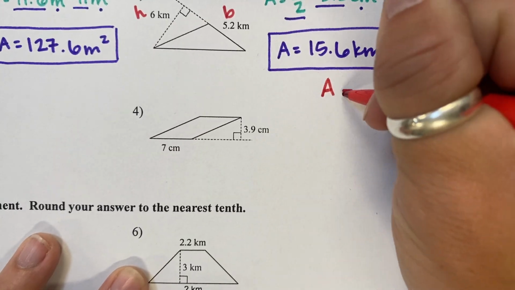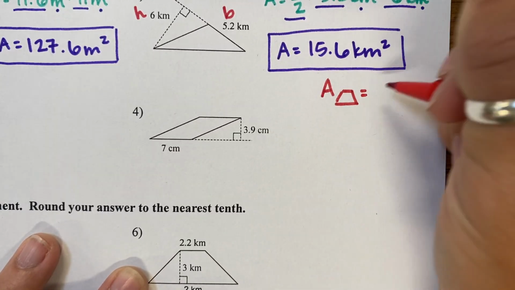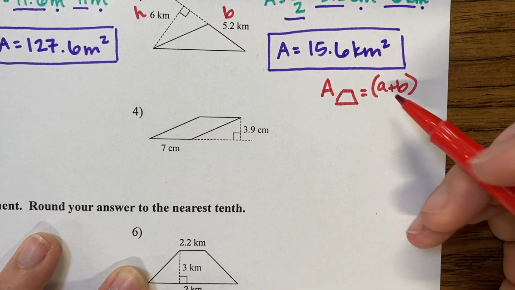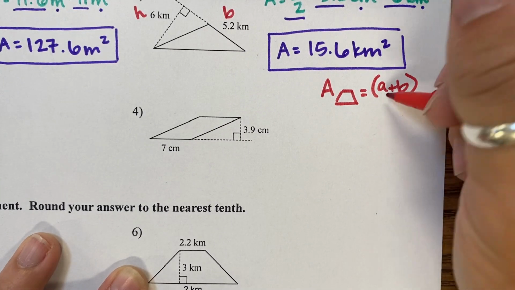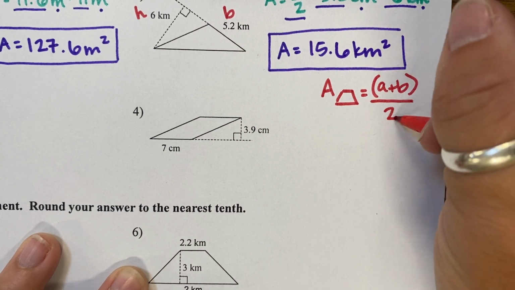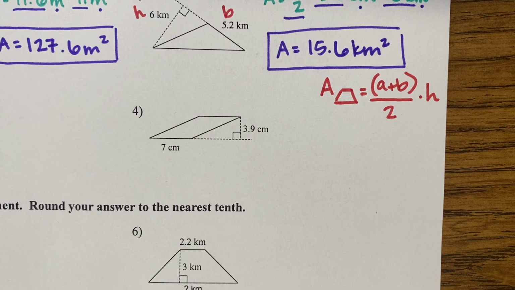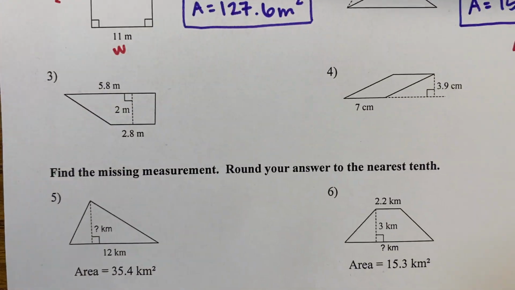Area for a trapezoid equals parentheses A plus B. So we have a little side and a big side that are across from each other. Divide it by 2, multiply it by our height.